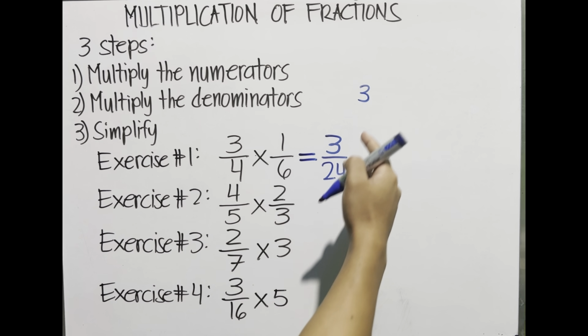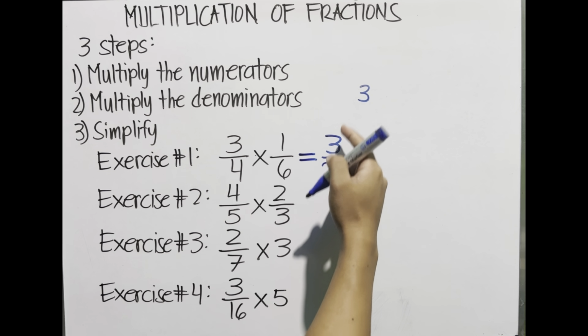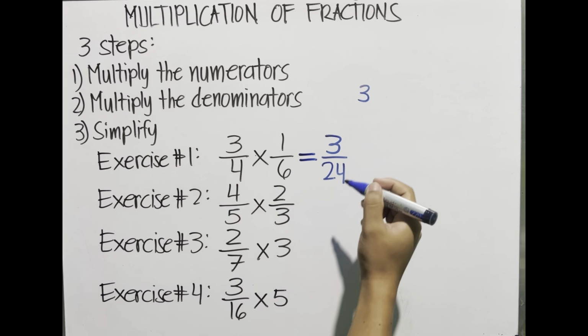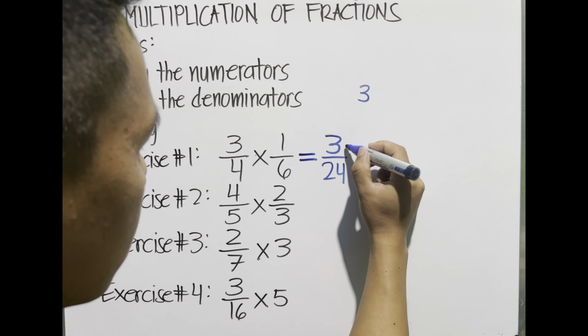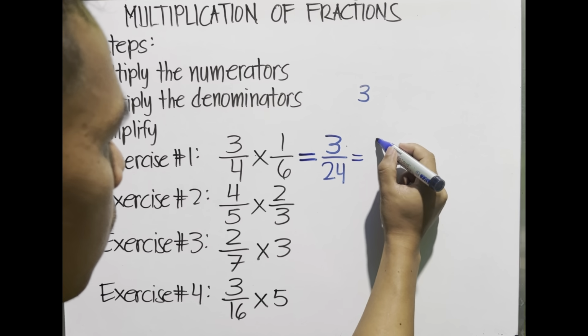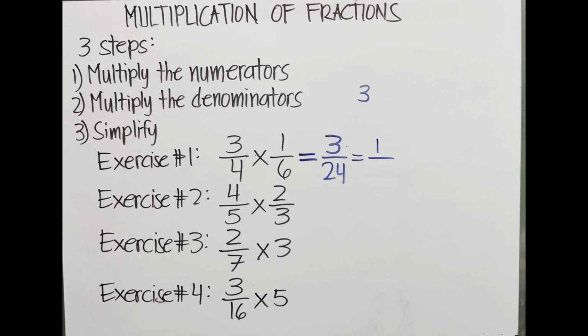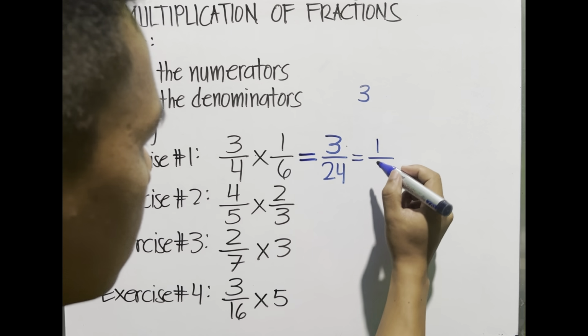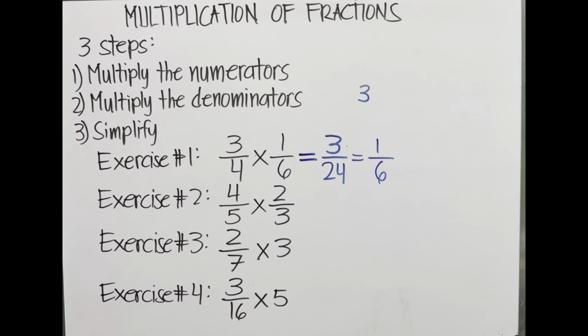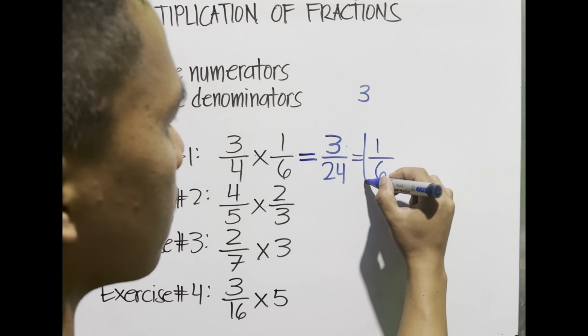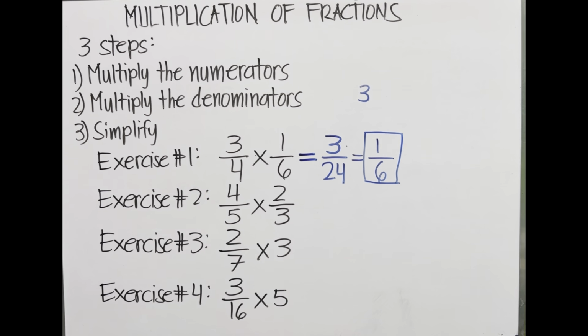So 3 divided by 3, pwede siya. That is 1. 24 divided by 3, pwede ba? Pwede. That is 6. So, ang sagot natin is 1 over 6. Ayan.